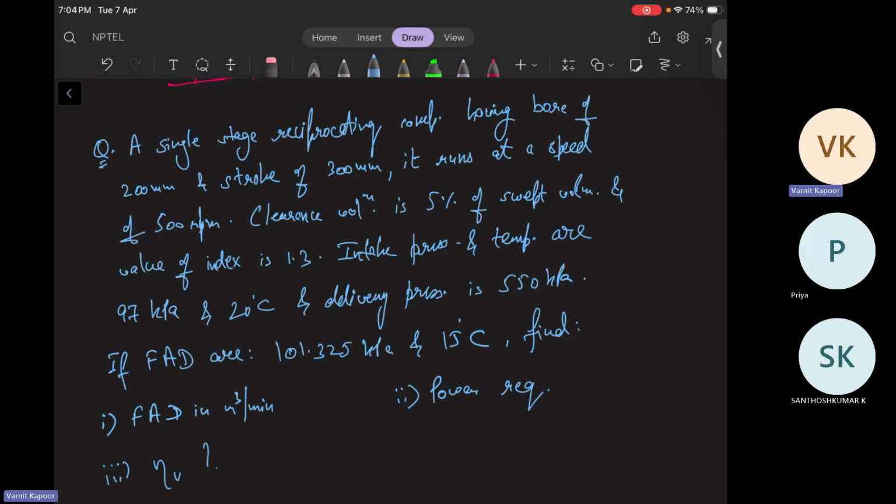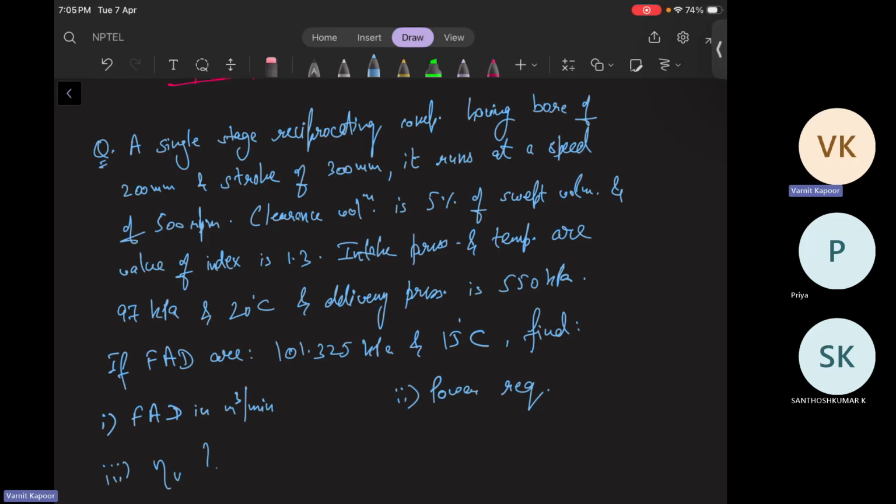Any doubts? What is the answer? Okay, let us solve this. So we are given a single stage reciprocating compressor.